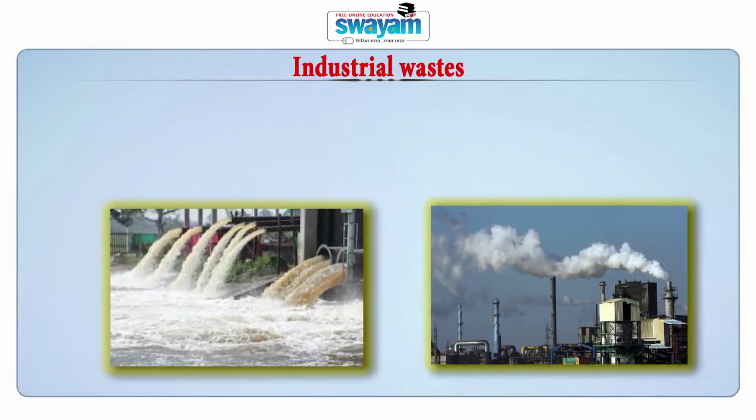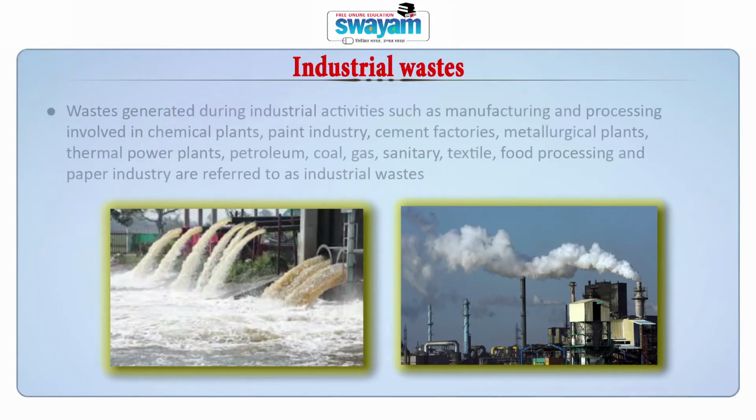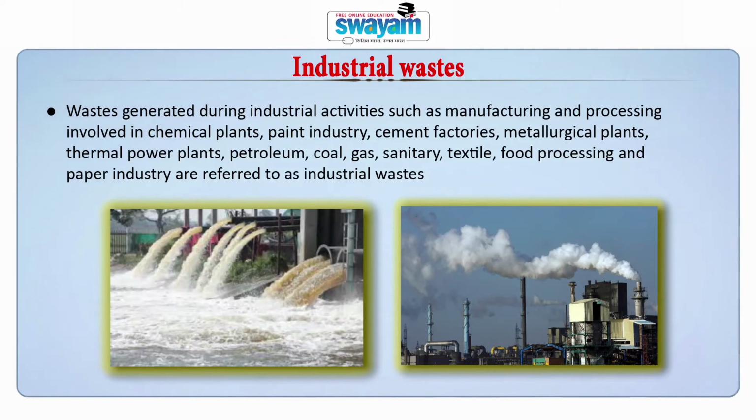The main sources of industrial waste are chemical plants, paint industry, cement factories, metallurgical plants, thermal power plants, as we have just discussed about fly ash, petroleum, coal, gas, sanitary, textile, food processing and paper industry. These are some of the examples which generate industrial waste.